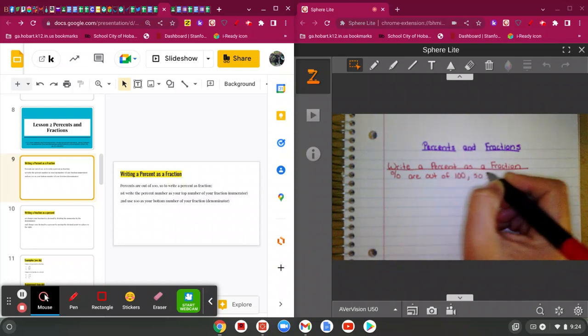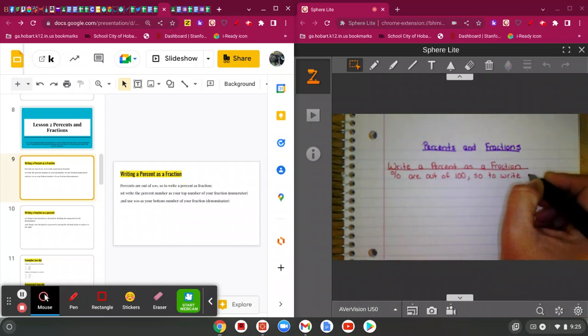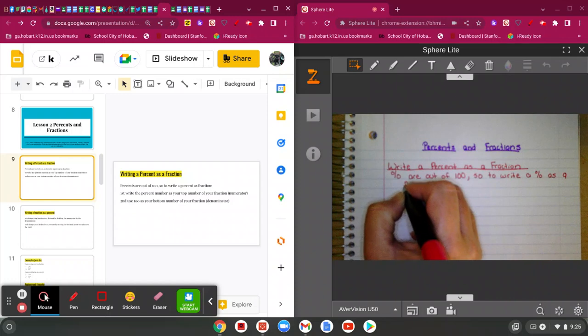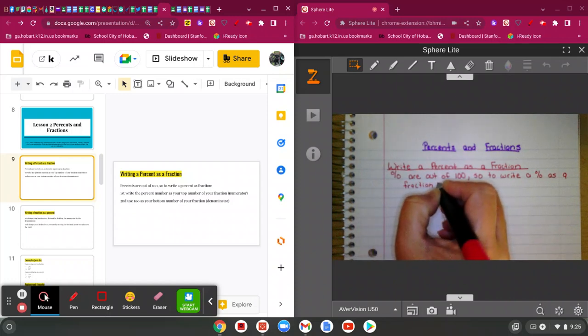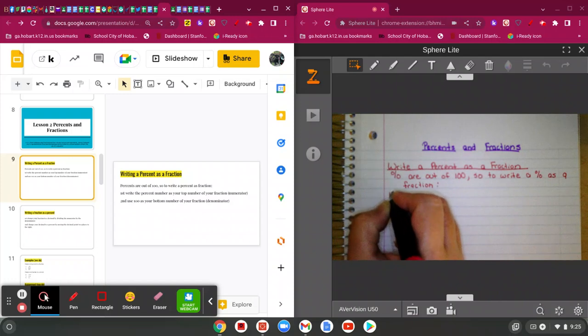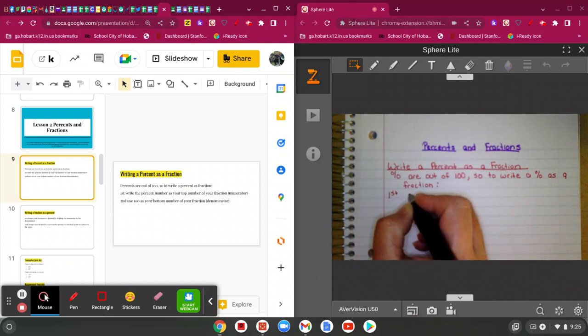So to write a percent as a fraction, the first thing is, the percent number is going to be your numerator of your fraction.